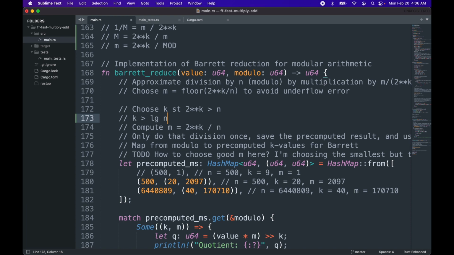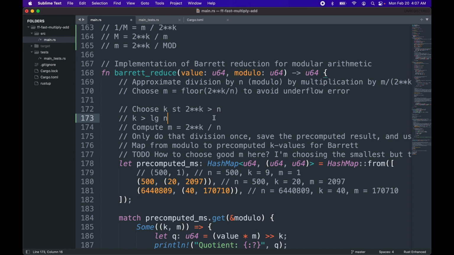I take my binary log, lg means binary log of n, and I'm going to get some number. And then I take the ceiling of that, and that is the smallest such k satisfying. Is that correct? No, I believe it's floor of that.